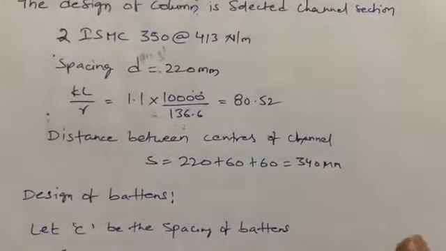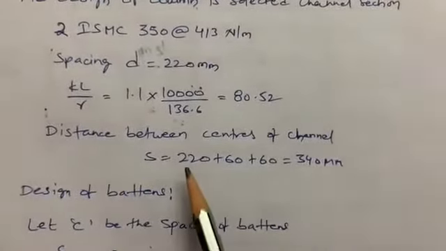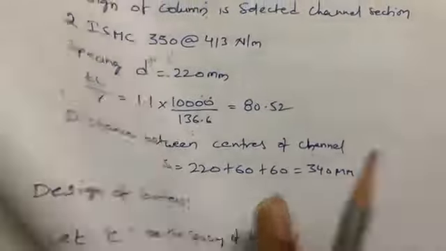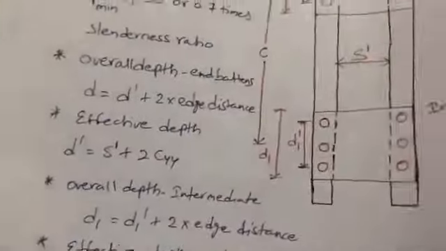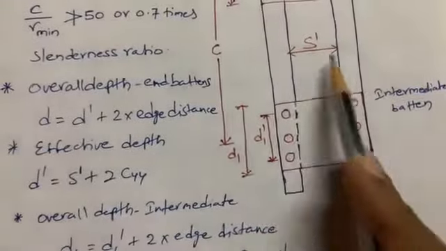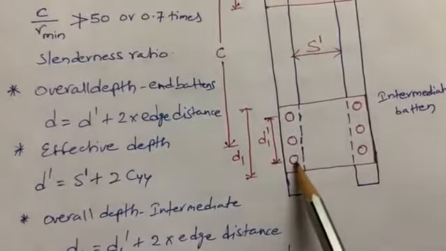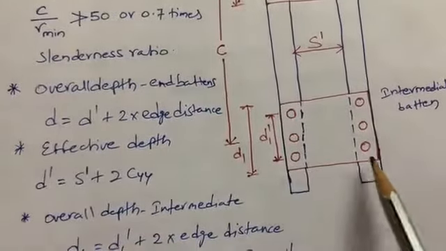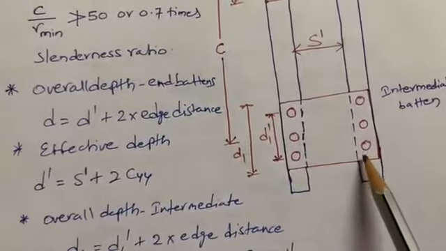So S is the distance between the centers of the channels. So 220 plus 60 plus 60. 220 means the spacing is this one, and the gauge distance is from here to this bolt center, that is 60, and here to here, that is 60. Total 220 plus 60 plus 60.